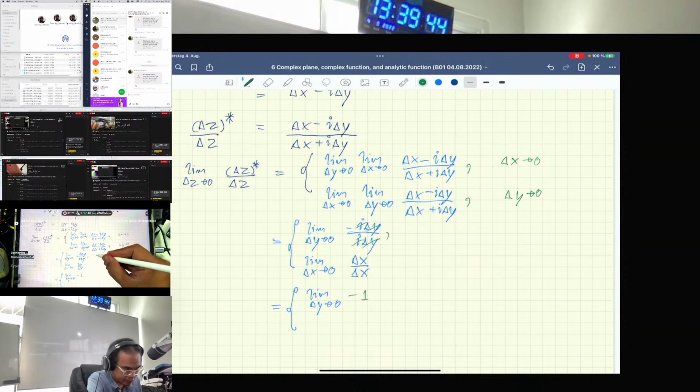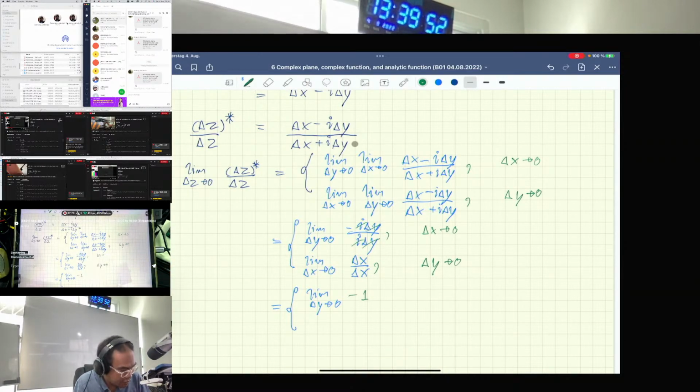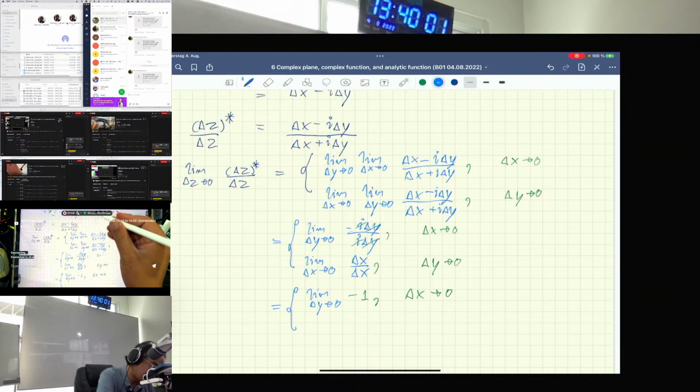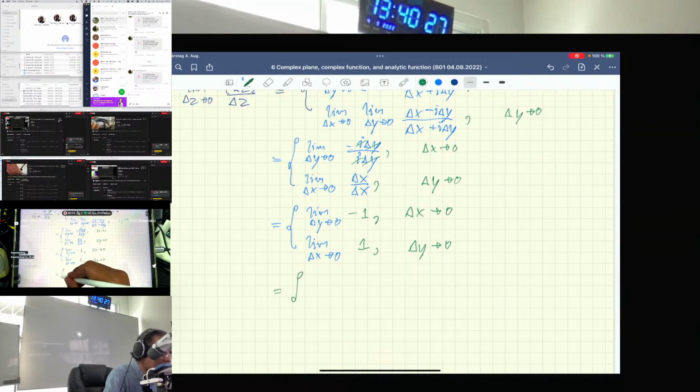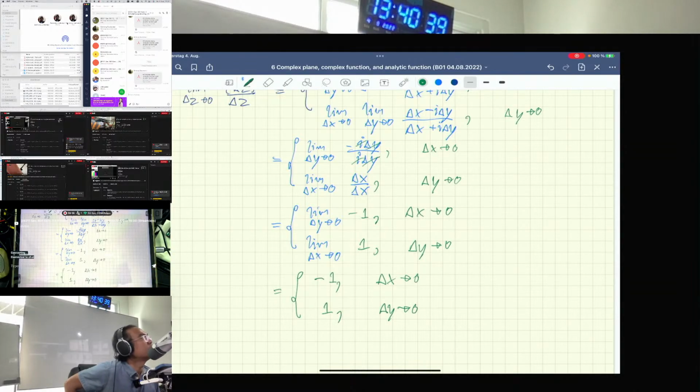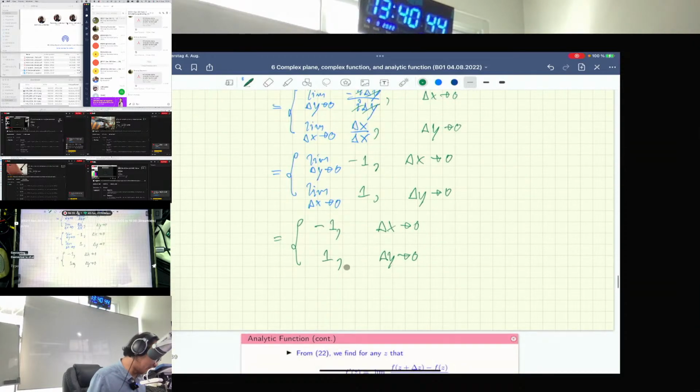Here is the case delta x tends to 0, delta y tends to 0. But the result here is number 1, with delta y tending to 0. And so you would get at the end minus 1 and 1. So yeah, the limit doesn't exist because the limit can have two values.